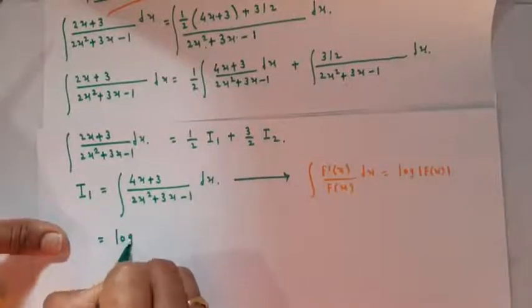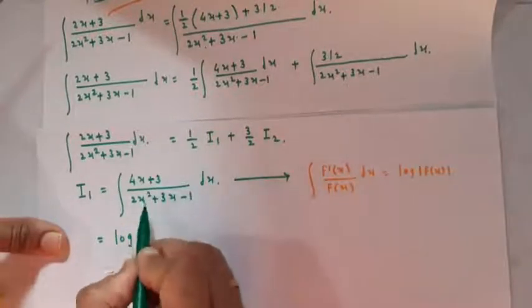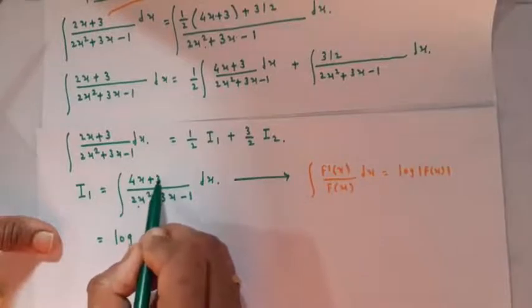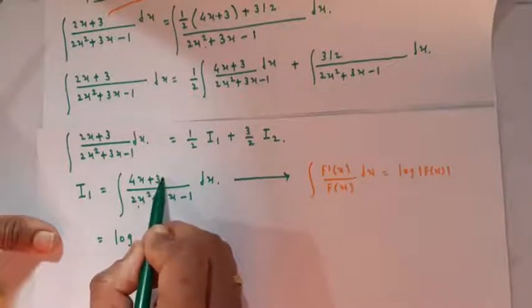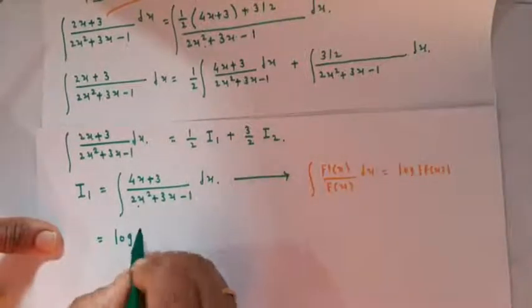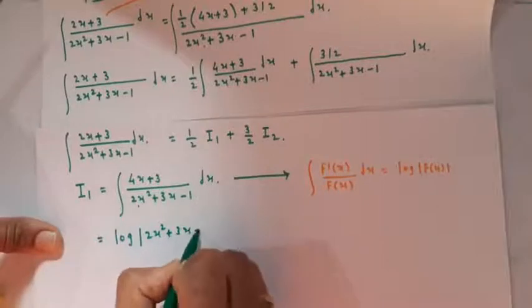This is the function f of x, and 4x plus 3 is its derivative, that is f dash of x, and hence the integral is log of f of x, means log of 2x square plus 3x minus 1.